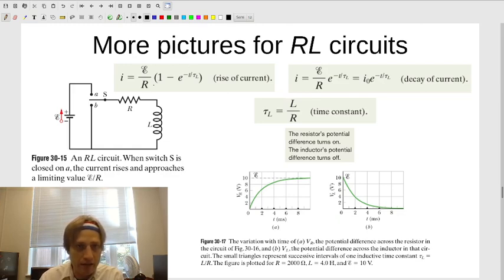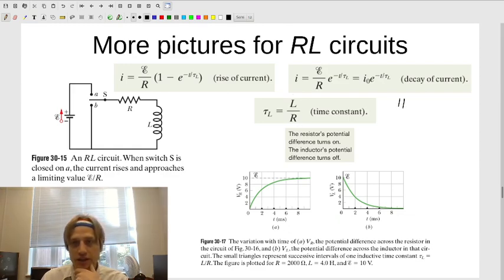At the end, it will reach the current that you would get if you just had the resistor and the battery and the inductor weren't there. So this is a transient term that is going down to 0, and how long it takes to get there depends on the inductance of the inductor and the resistance of the resistor.